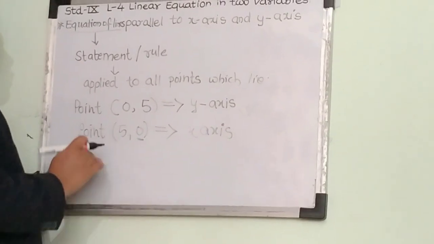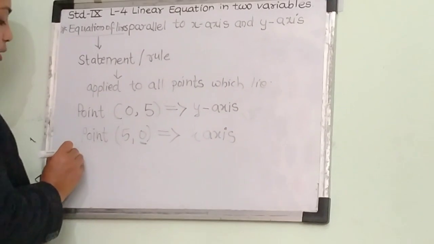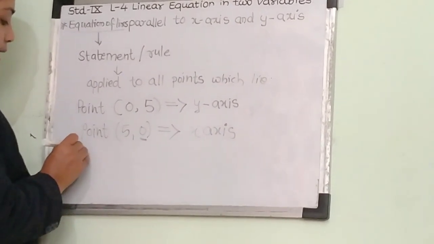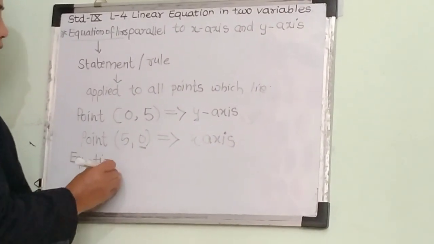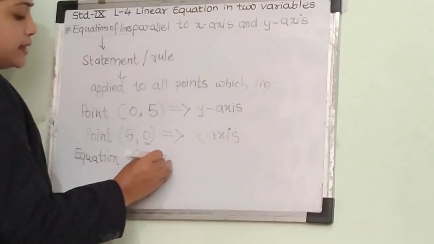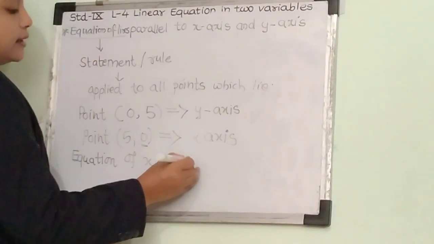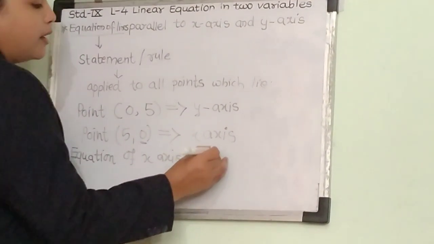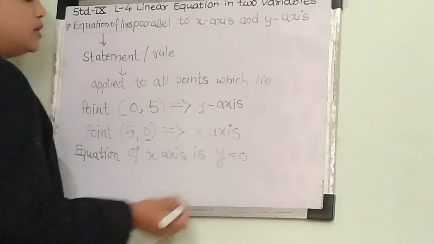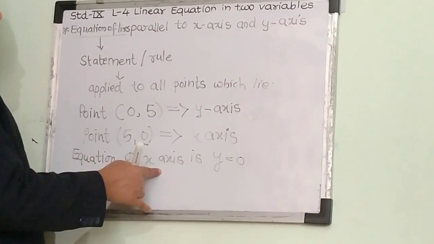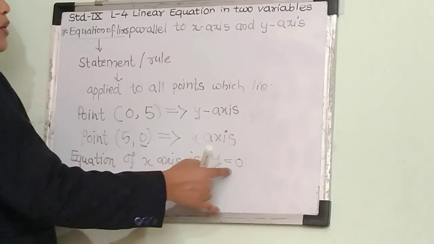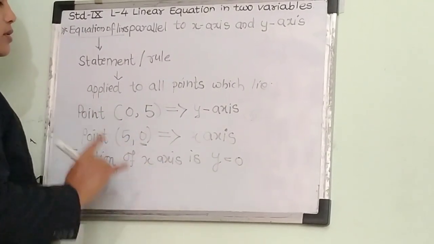So from this we get the equation of x-axis and y-axis. First I will write the equation of x-axis is y equals 0, because every point on the x-axis has y coordinate always 0.